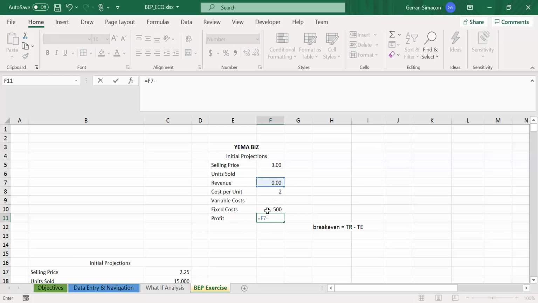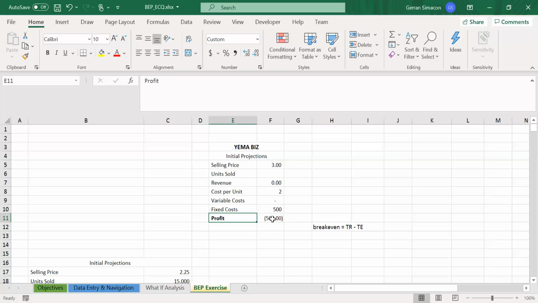So, the fixed cost plus the variable costs. Okay, so, ang atoang goal karon class, the profit, this one, the profit should be 0 para ma-break even siya, di ba?